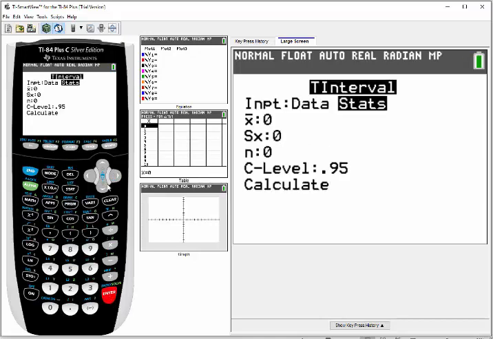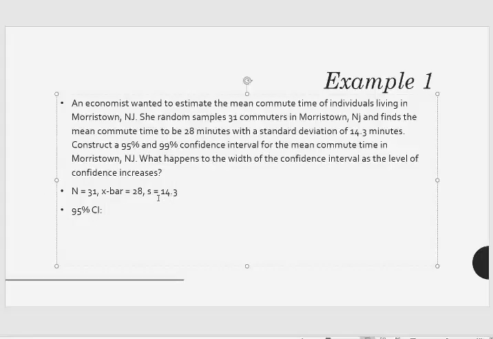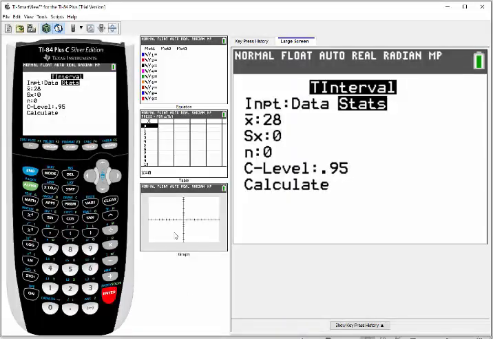And x bar, that was 28 minutes. Sx is the standard deviation, so that was 14.3. And n, if you remember, was 31 commuters. So I'm going to leave the 0.95 as is, because I'm going to start with the 95.